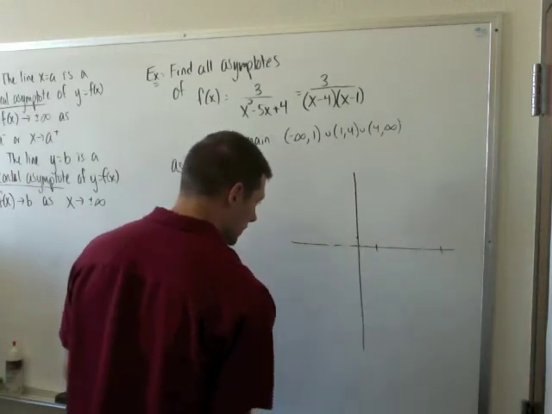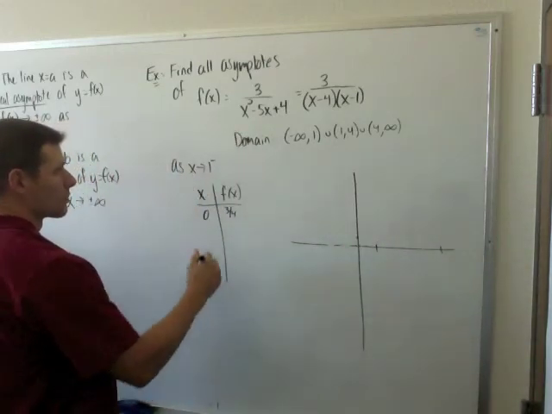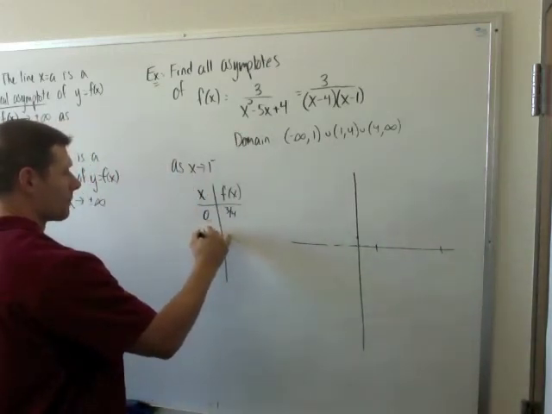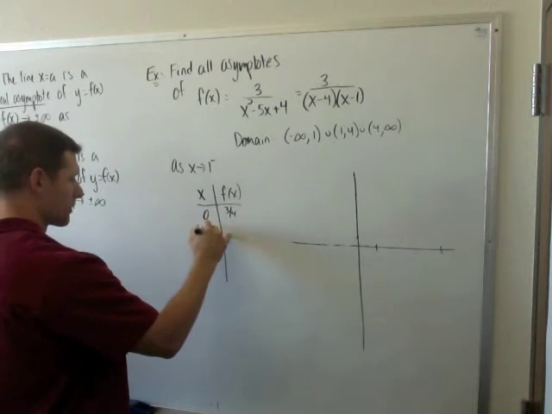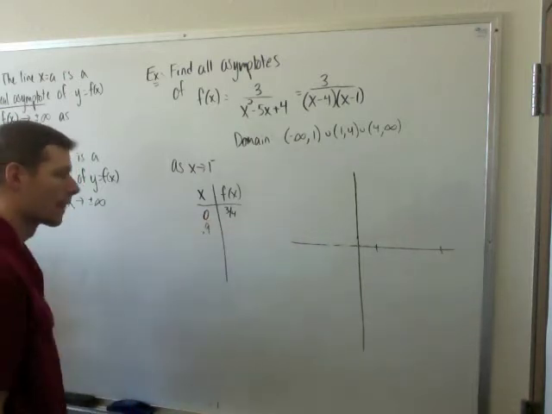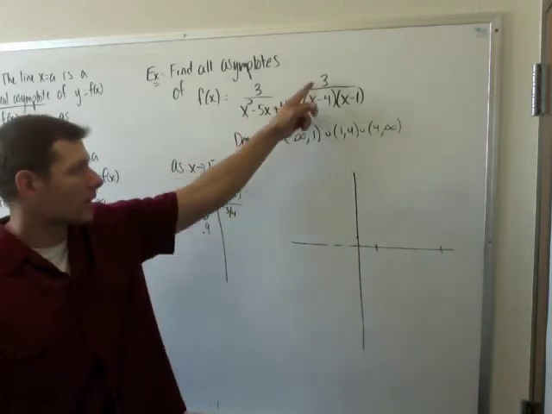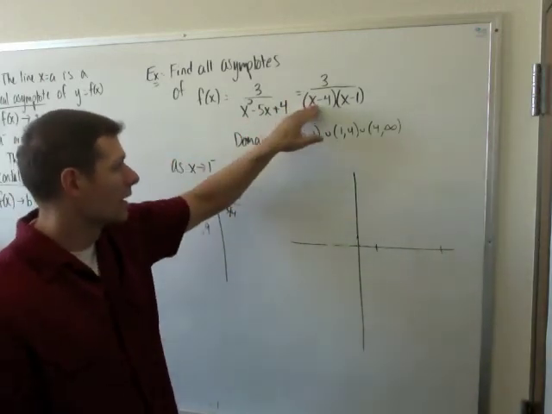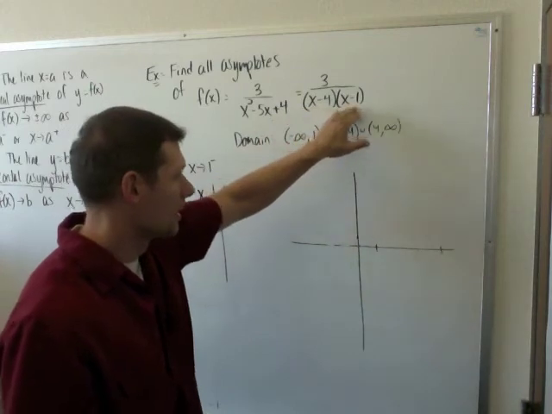Good. What happens if I get even closer? Let's go with 0.9. If I plug in 0.9 here, what happens? Well, I'm going to get a negative number here, and a negative number here.